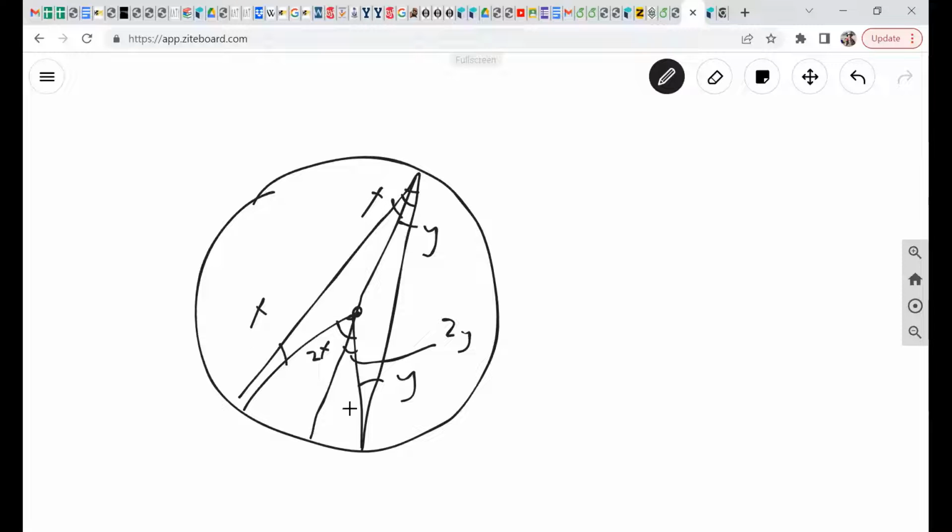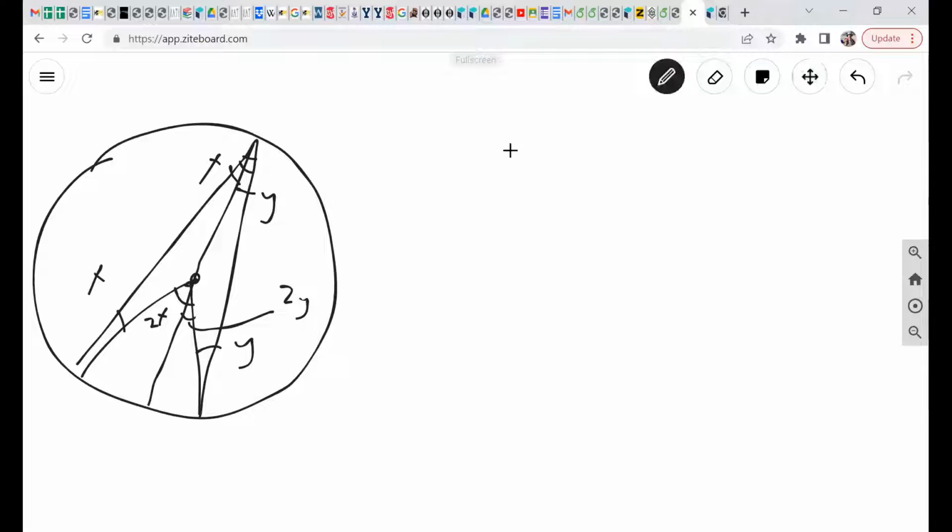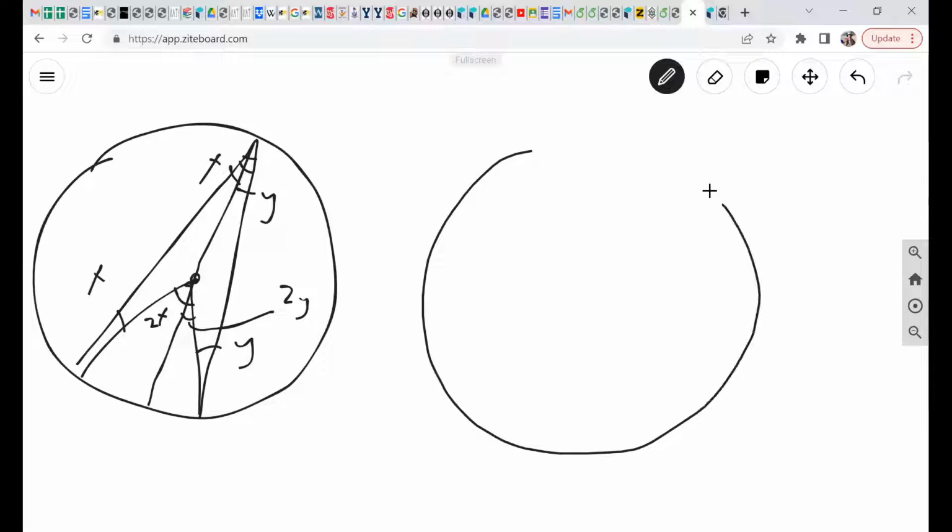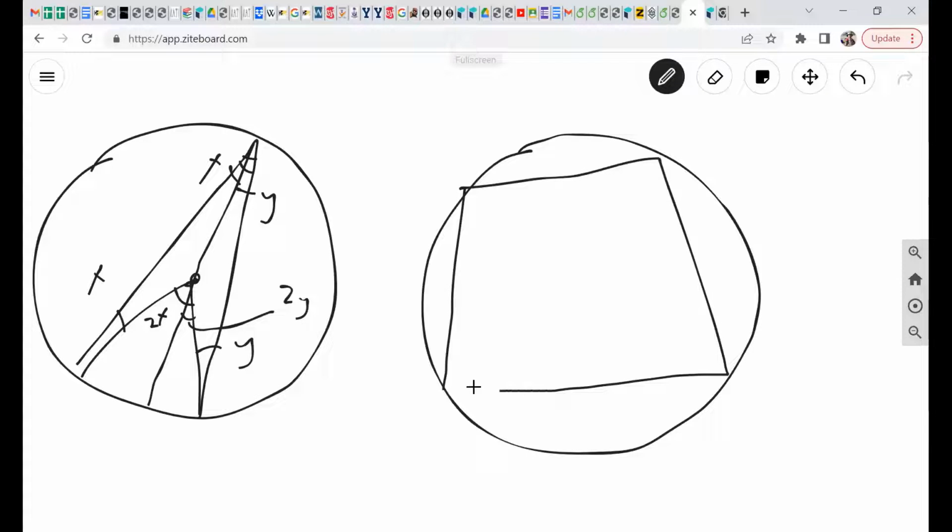And as a result of this, we can show that in a cyclic quadrilateral, first of all, the opposite angles add up to 180 degrees.